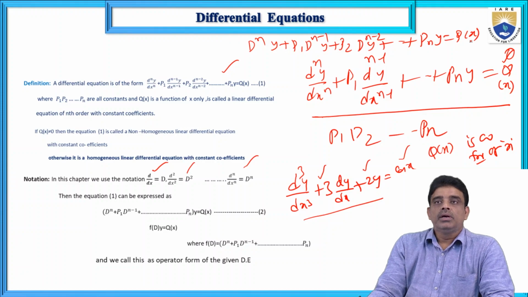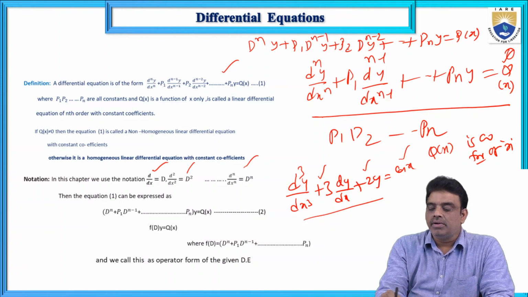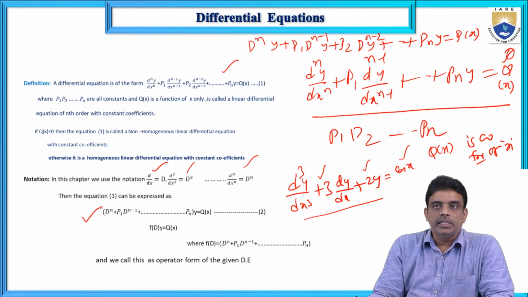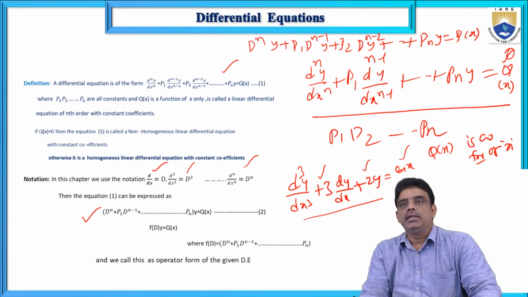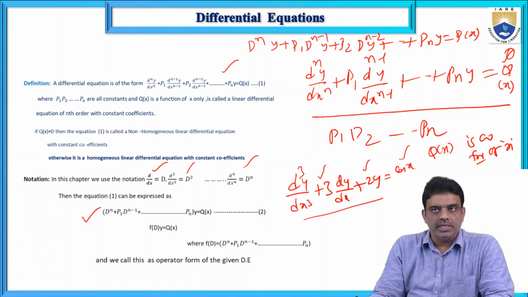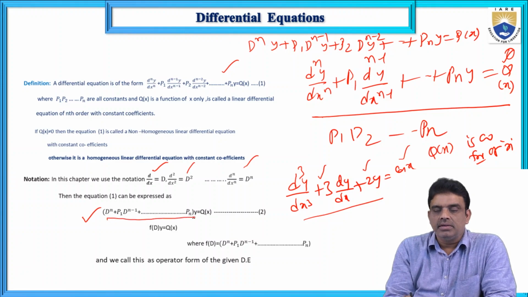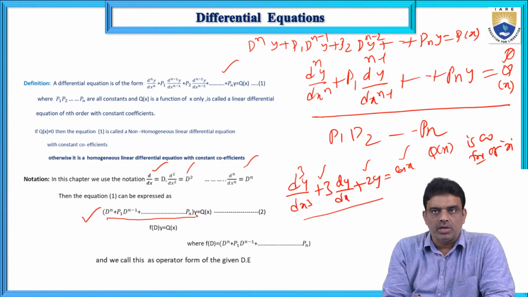Or on taking the variable y outside, you will get it in this form: D^n plus p1 D^(n-1) plus p2 D^(n-2) plus so on plus pn of y is equal to q of x. So clearly this is a pure function of D, where p1, p2, so on, pn are constants.